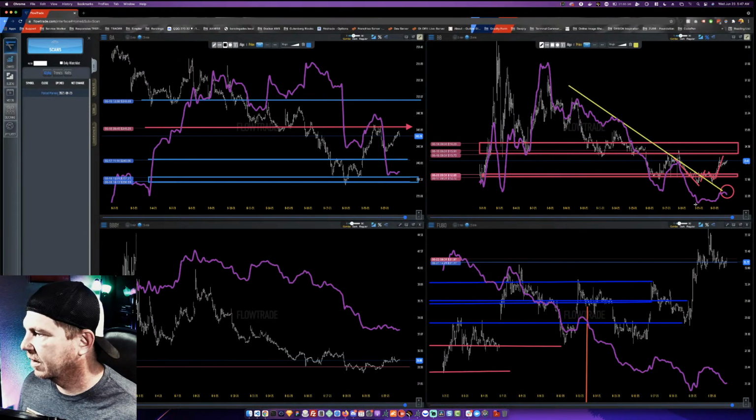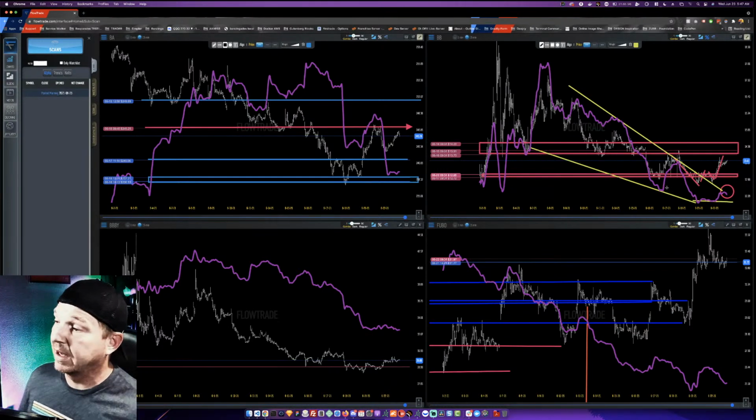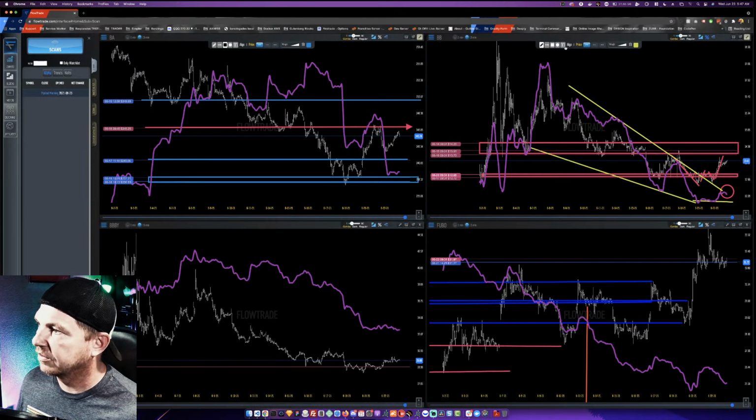The algo's kind of broken out of this little wedge it was in, double bottom. Keep an eye on that to turn back up. Like I said, it does not like this level of resistance. It's pretty significant for some reason here. It used it as support quite a bunch, but once it broke through, it's going to have a hard time getting back up and through.